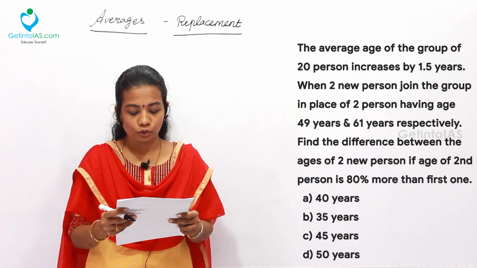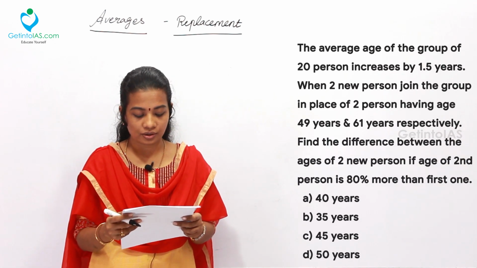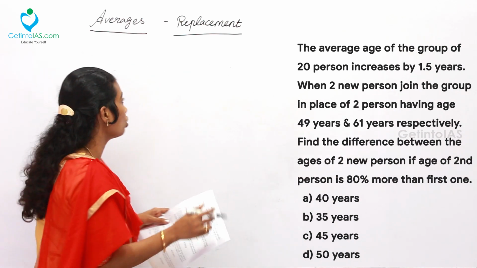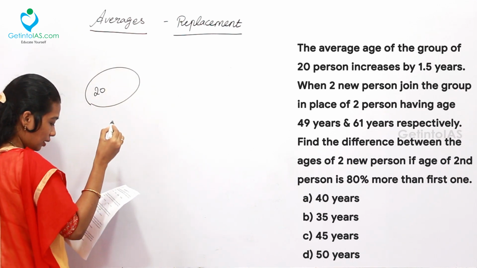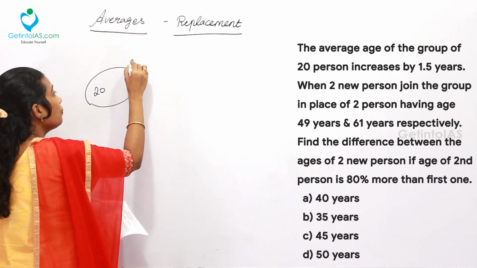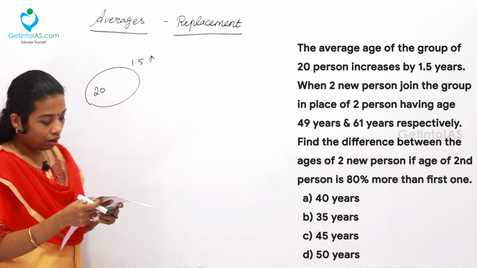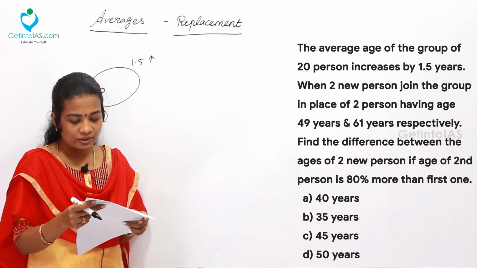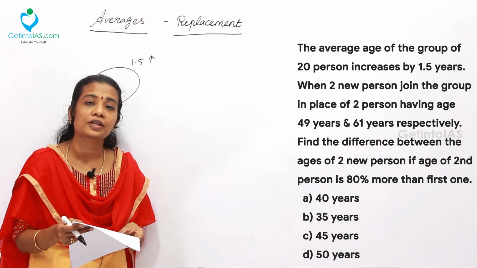The average age of the group of 20 increases by 1.5 years. So let's start from the first statement. Average age of group of 20 persons increases by 1.5 years, when two new persons join the group in place of two persons having age 49 years and 61 years respectively.